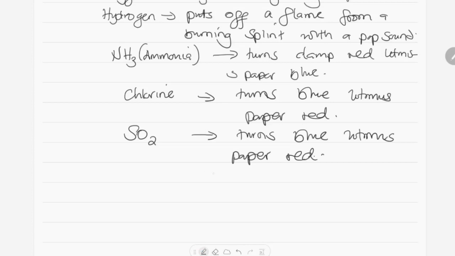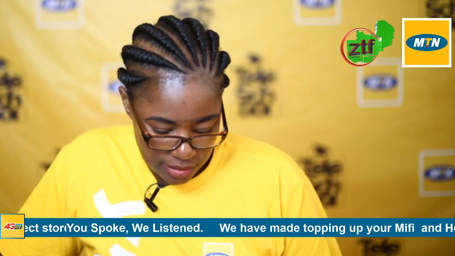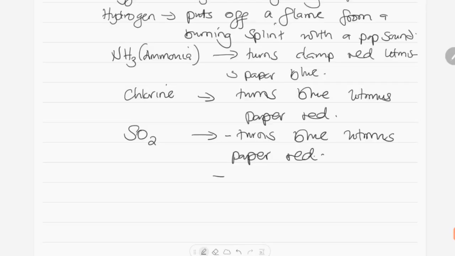Then apart from that, sulfur dioxide also changes the color of potassium dichromate from orange to green.